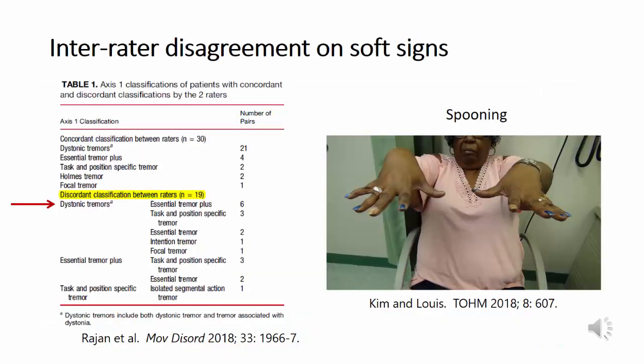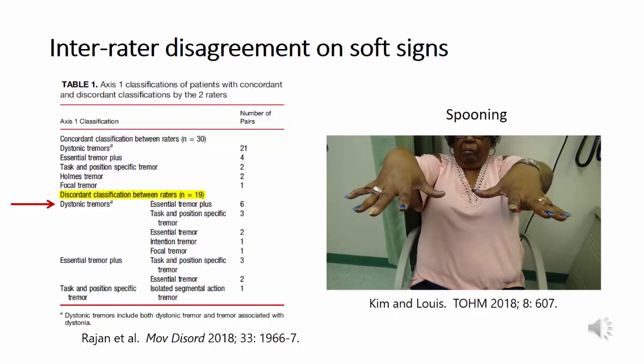Inter-rater agreement on the identification and interpretation of soft signs appears to be poor, but data on this topic are limited. In a study of Rajan and co-workers, greatest disagreement occurred in the interpretation of subtle or questionable signs of dystonia.